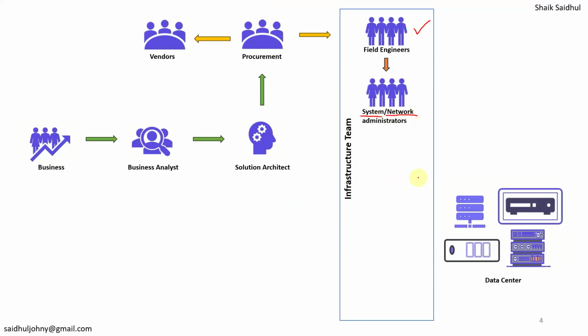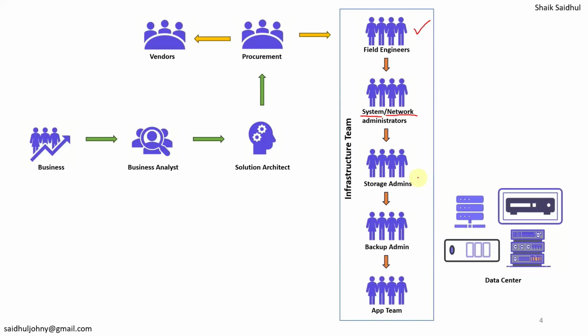Network admins will configure the networks also so that every system is available over the network. Then storage admins will assign the storage. Backup admins will configure the backups. Once the entire infrastructure is ready as per the standard, it will be handed over to the application team.